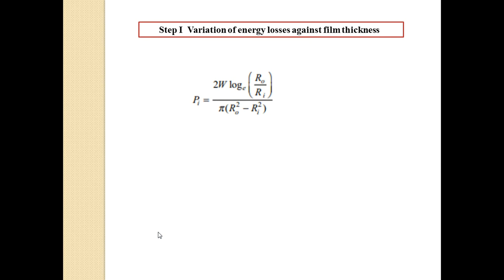Now see here, in the problem statement, W, that is the thrust load, is given as 450 kilonewton. Again Rho is D0 divided by 2, that means diameter divided by 2, which is the radius. The diameter of the shaft is given as 400, that means Rho is equal to 200 mm.